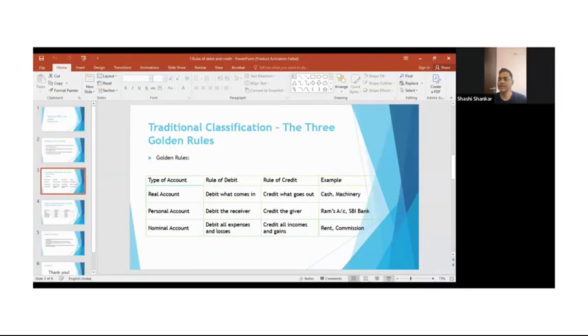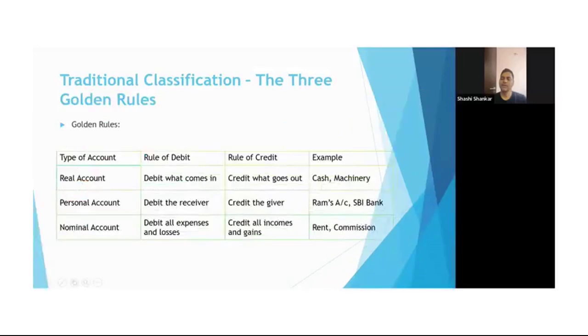The traditional classification is also known as the golden rules of accounting. It classifies the entire set of transactions into three segments. One is the real account, the account in which we can see something coming and going.